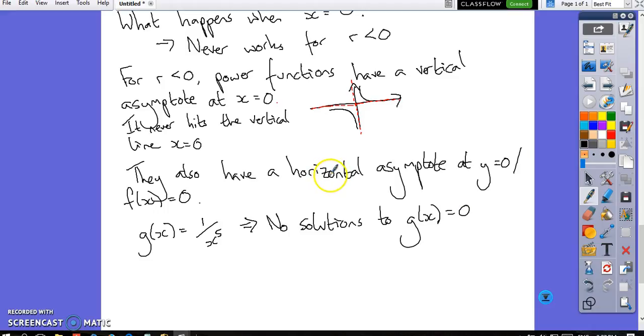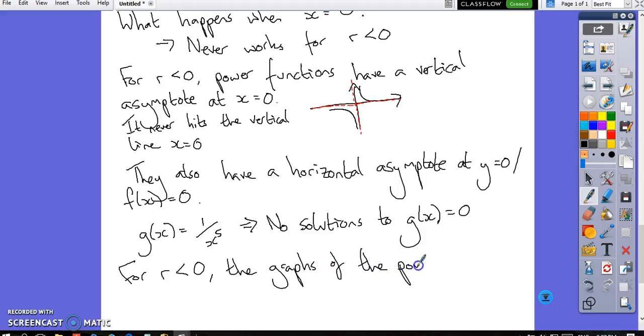Now, the functions that we had for r being greater than 0 all had a name. They were all parabolae. These functions for x being less than 0 also have a special name. So for r being less than 0, the graphs of the power functions are known as hyperbolae.